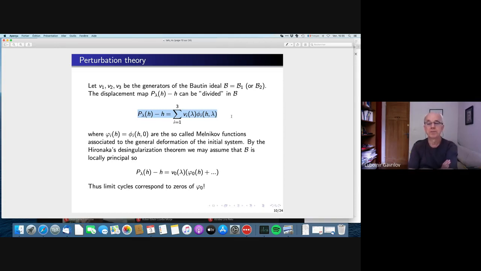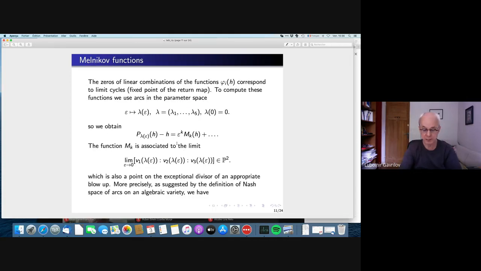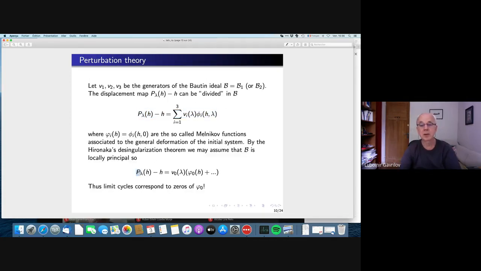And let us take some simplified situation. Imagine that you have only one generator. Of course, we have 3 here, but imagine that you have 1. So in this case, we shall have some simplified equation, this one, some polynomial in lambda multiplied by some power series, which when lambda is 0 is not identically 0.